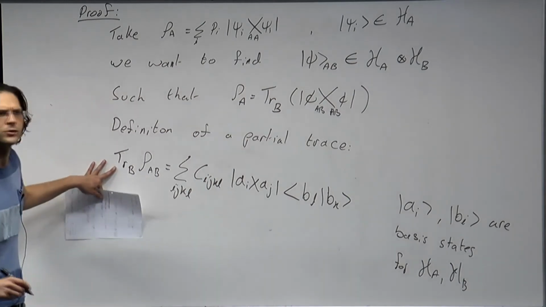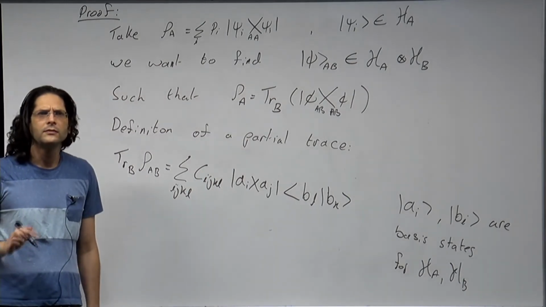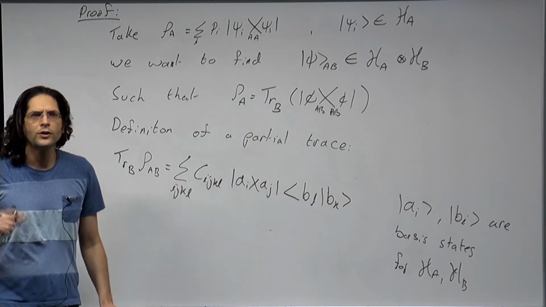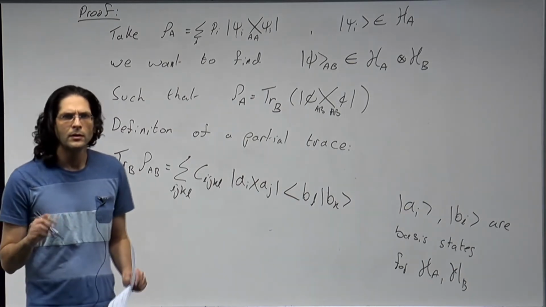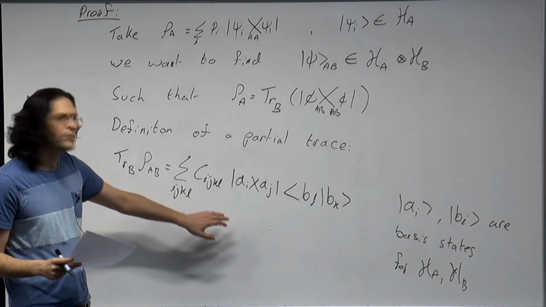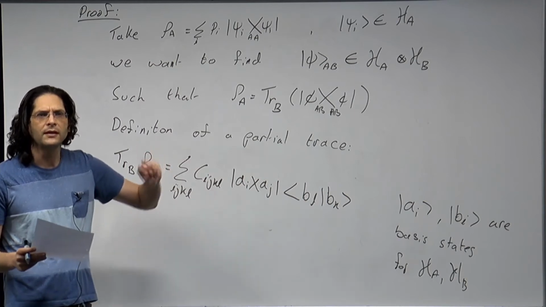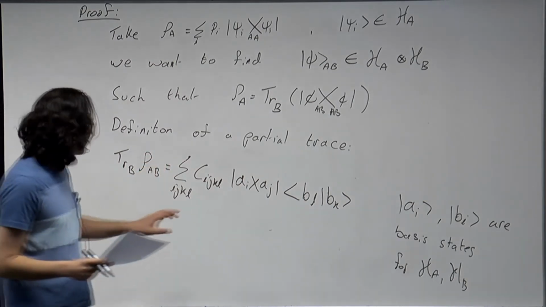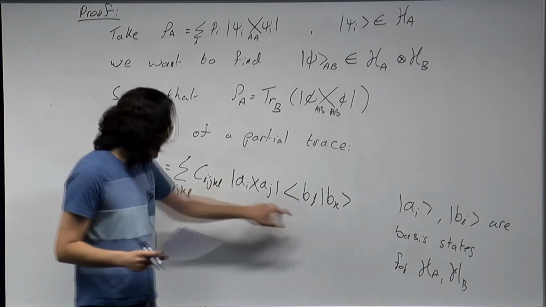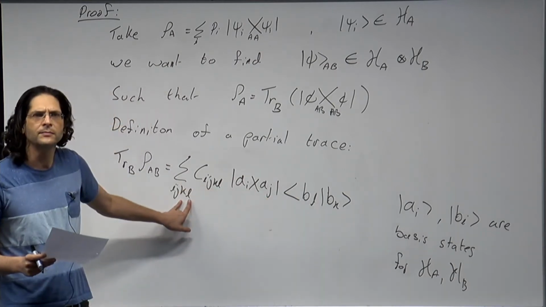So this is the partial trace. Shouldn't the B's also be in an outer product? No, we're tracing out. At the end, after applying the trace, we're going to be left with two indices, the i, j indices. We're summing out the k and l indices.